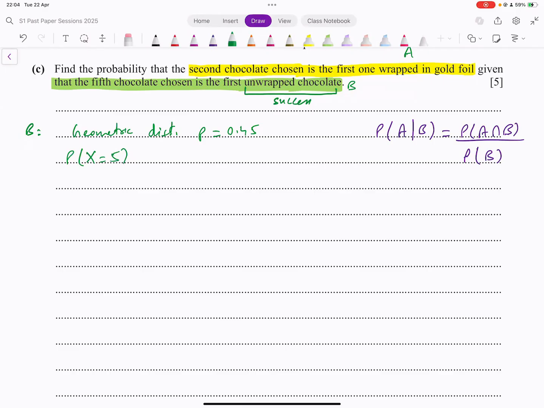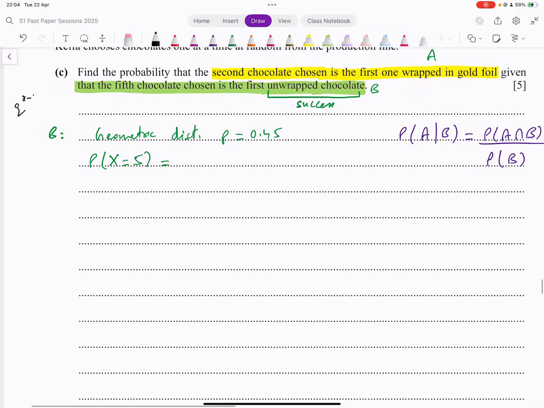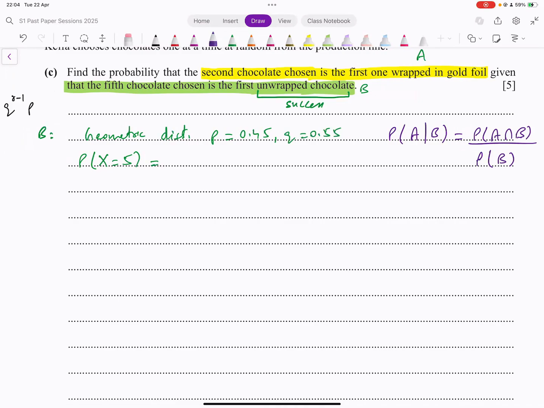What's the formula for geometric distribution? q raised to the power r minus 1 times p, right? So if p is 0.45, what about q? That will be 0.55. So it becomes 0.55 raised to power 4 into 0.45. And that will give you the probability of the first success coming in the fifth attempt.